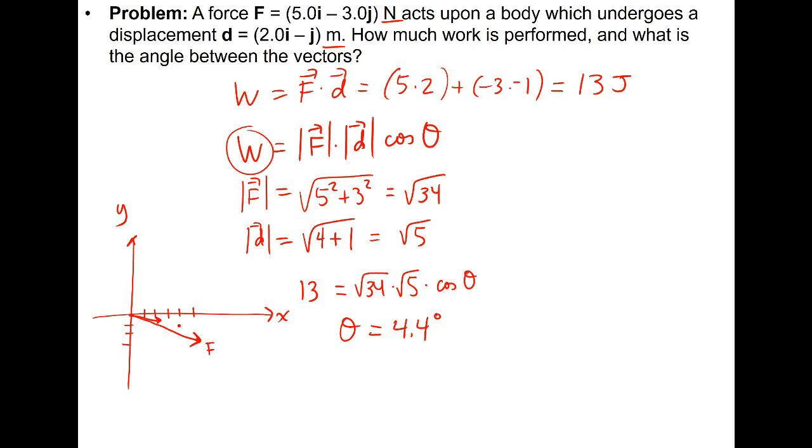So F and R are almost parallel, but not quite, so that means that the angle between them should be very small. Okay, so next time we're going to look at what happens when you have forces that are not constant.